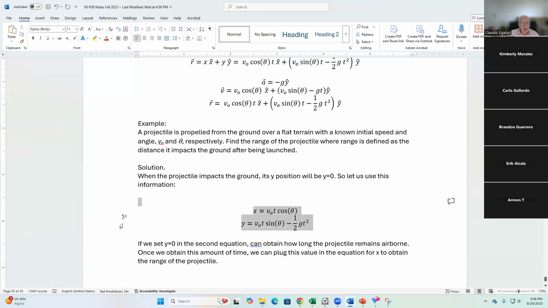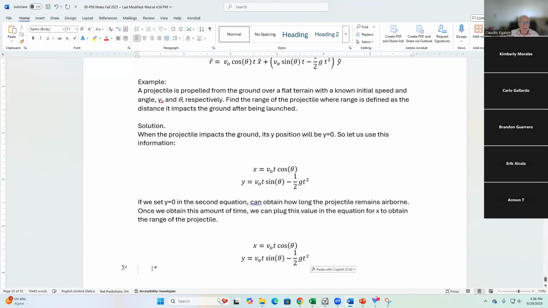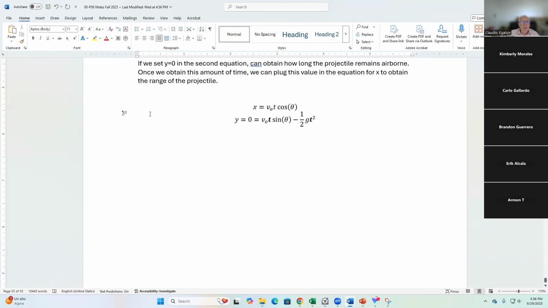Okay, so here you go. Copy and paste, here you go. Just make y equal to 0. And when y equals 0, we solve for t. I'm going to highlight t here, just to remind you that we're solving for t.